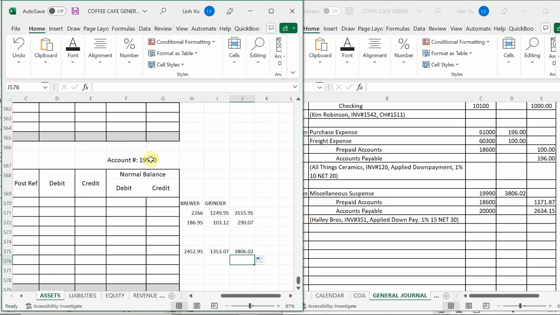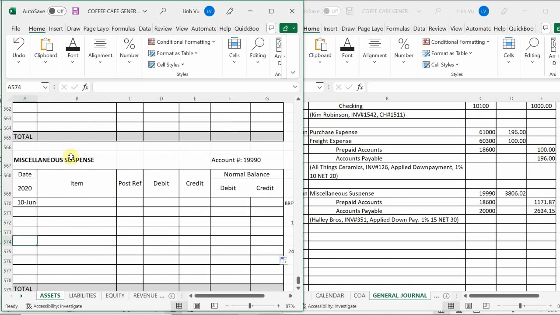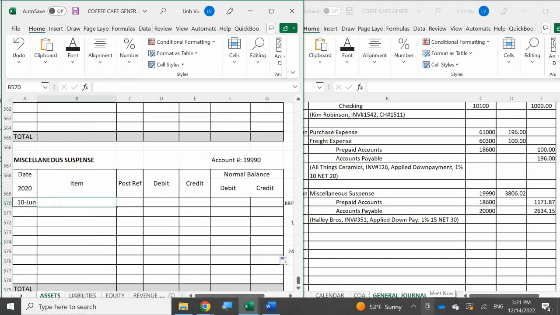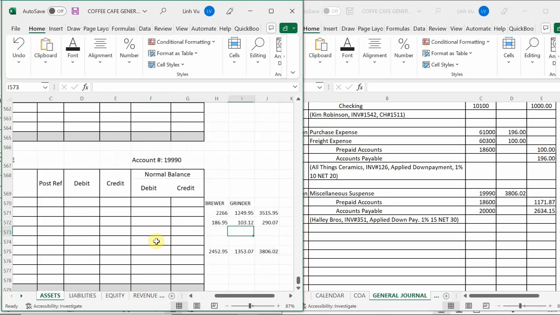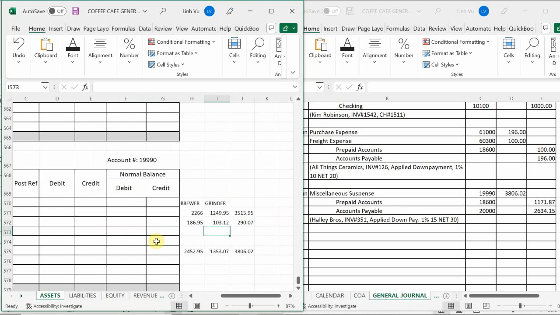So what I'm going to do here is let's go ahead and plug our numbers in, right? That you have a coffee brewer, right? Which was a total of, what was it again? It was a total of 2,452.95. Okay.